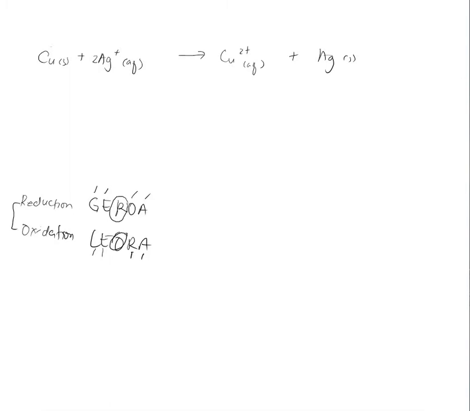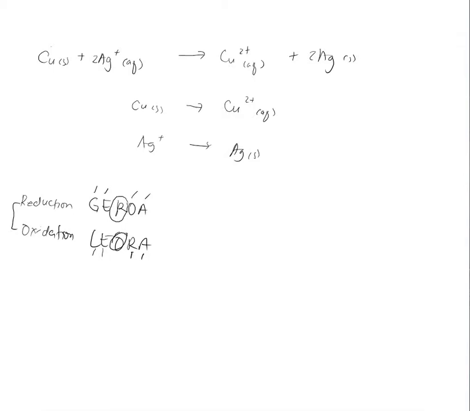Again, first step, we need to write hypothetical half reactions. For this case, let's say we have copper that formed copper 2 plus, right? And then we have silver ion that formed silver solid. So let's write the oxidation states of each species.